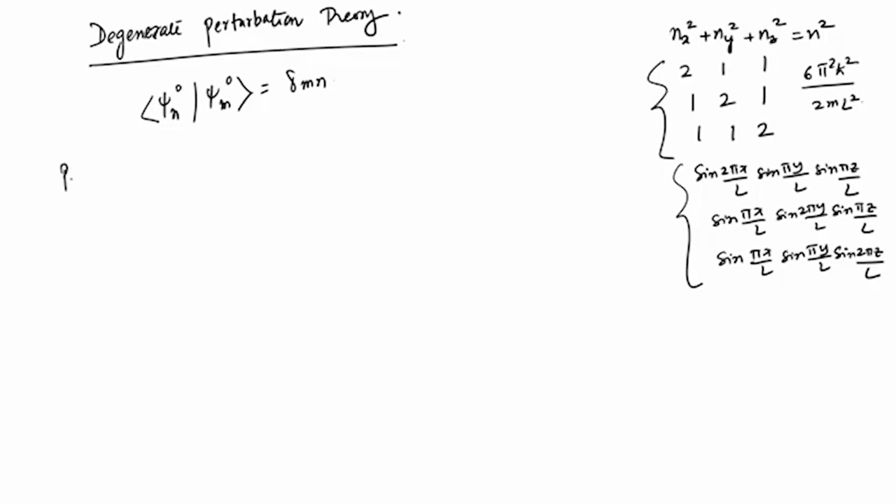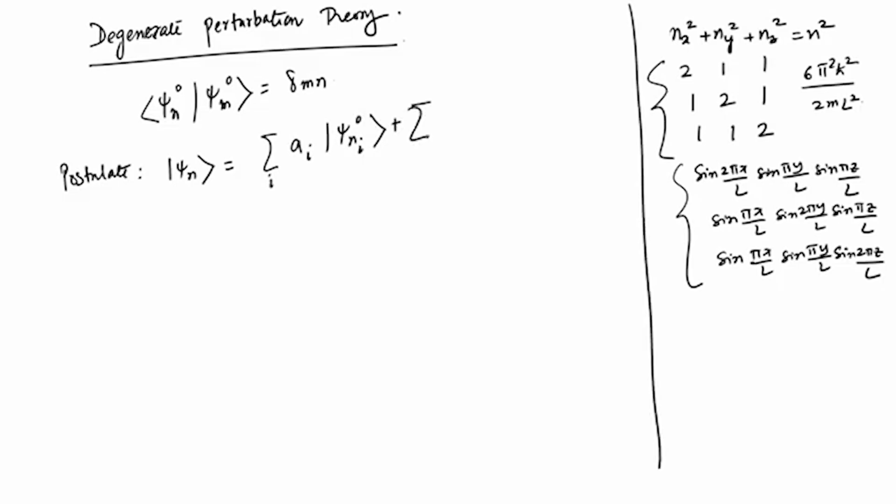So, we make a postulate for the total wave function: we have a psi n, and there is a sum over I a I psi n I 0 plus a sum over k, which is not equal to n, with a c n k lambda, and then a sum over I b I psi k I 0.